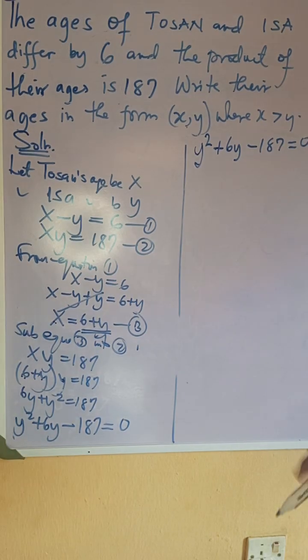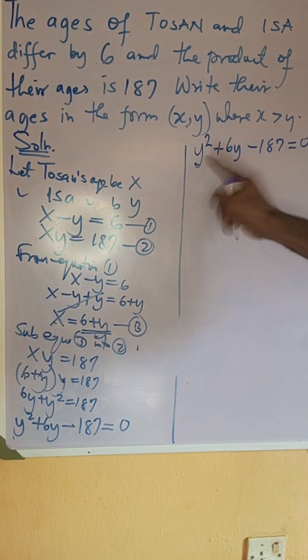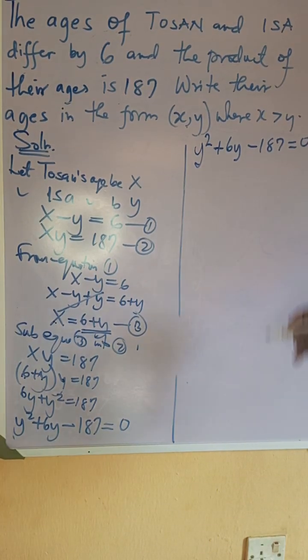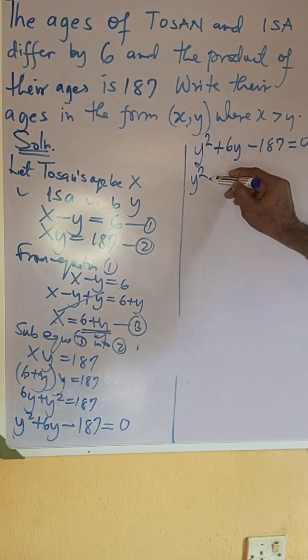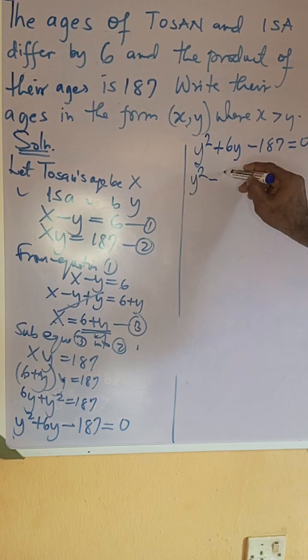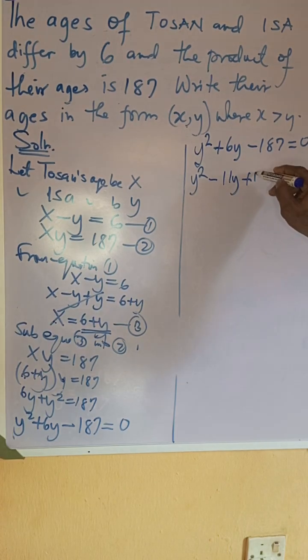All right, this has resulted in a quadratic equation because the highest power of the unknown here is 2. We are going to look for factors of minus 187. Obviously, factors of minus 187 are minus 11 and 17. So y square minus 11y plus 17y minus 187 is equal to 0.